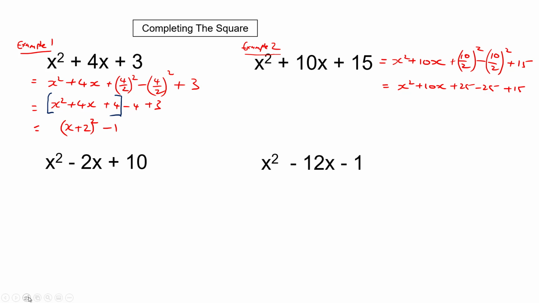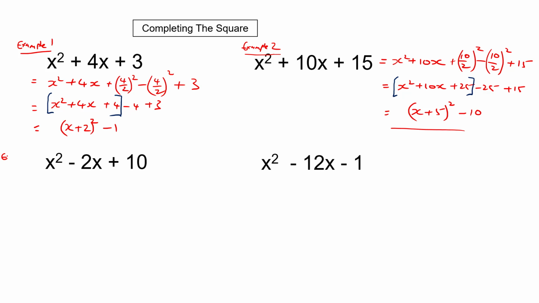So that means we can put brackets around the first part of that equation. So factorizing that, the square root of 25 is 5. So we've got x plus 5 squared. And then we've got minus 25 plus 15, which is going to give us minus 10. Job done. So hopefully it's coming together now.